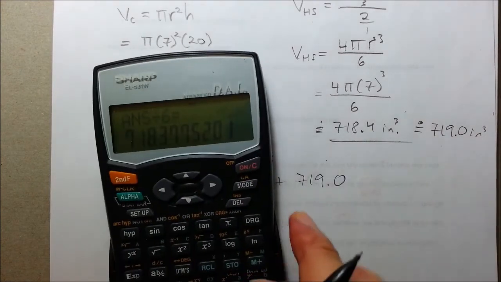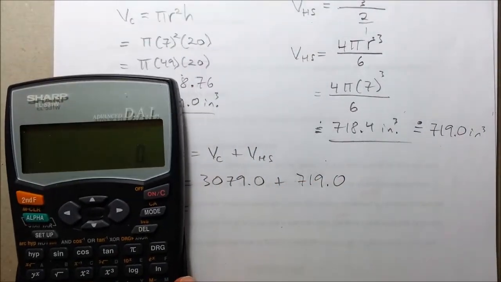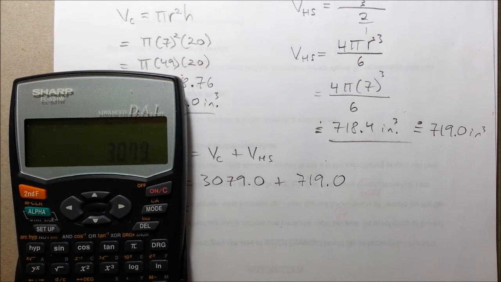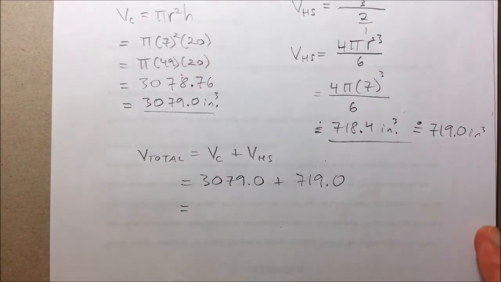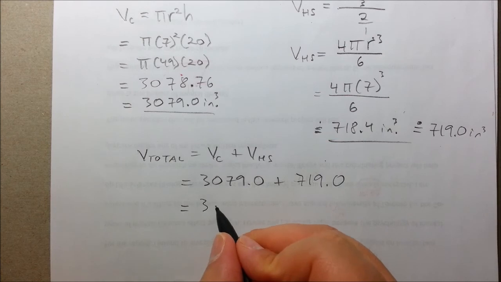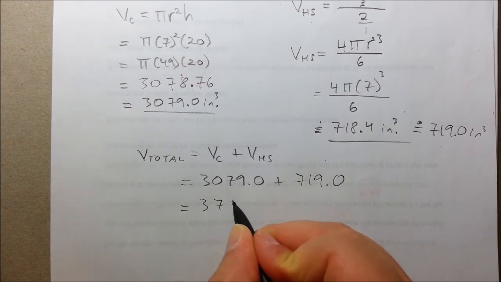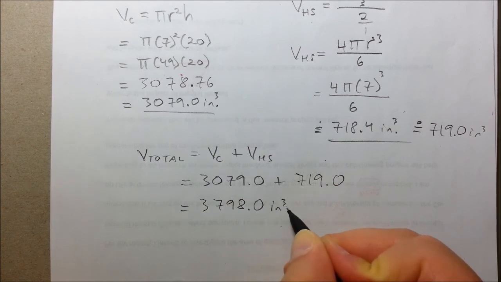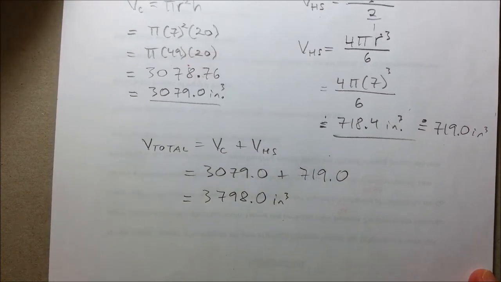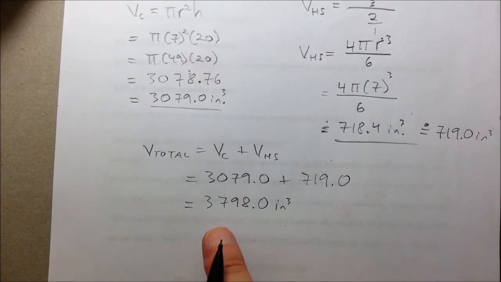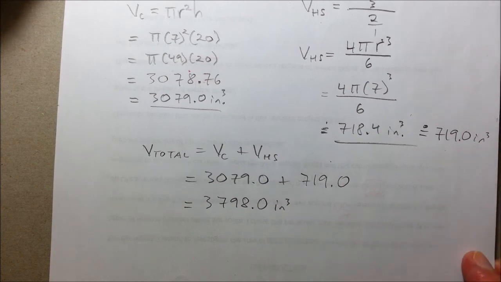Grab your calculators and we add 3079 plus 719 equals, and we are getting 3,798 inches cubed. So we can say therefore the volume of this trash can is 3,798 inches cubed.